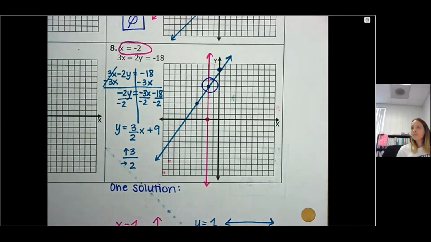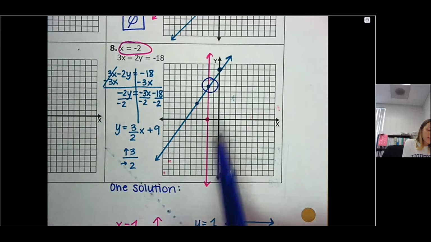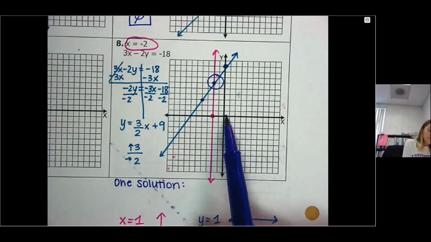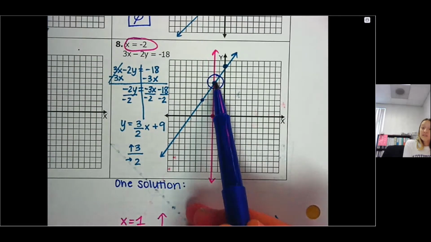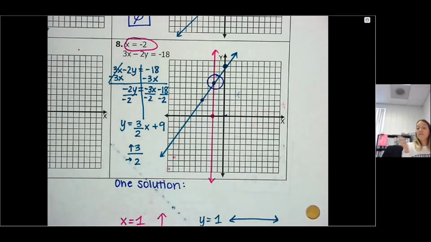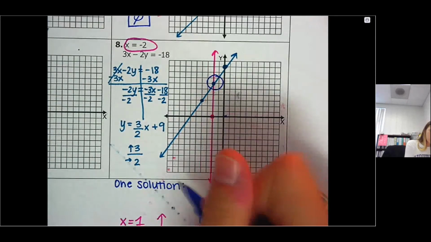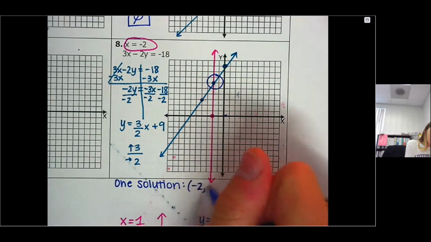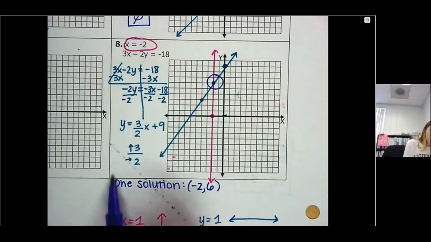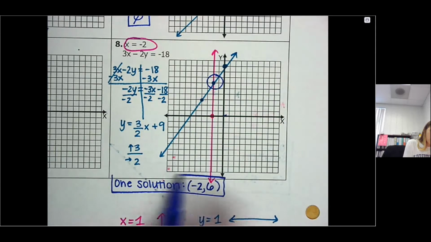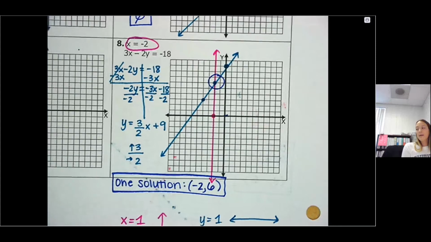I don't know. Carly agrees. So if you're at 0, 0 right here, you're going left 2, up 6. Oh, yeah. 6 and 2. Yep, so you went left first, right? Negative 2 to the left, and then positive 6 is up 6. Okay.